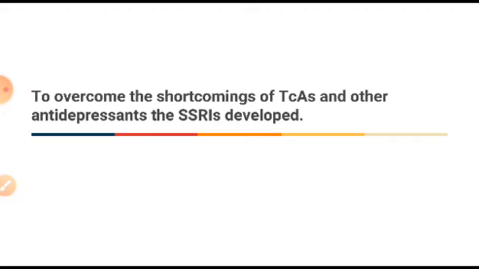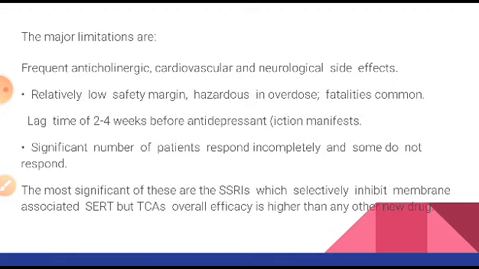Let's see why. The major limitations are frequent anticholinergic, cardiovascular and neuronal side effects. These are the limitations I am talking about for the TCAs and other antidepressants. When we discovered SSRIs, they improved all these things. Frequent anticholinergic, cardiovascular and neurological side effects, relatively low safety margin.